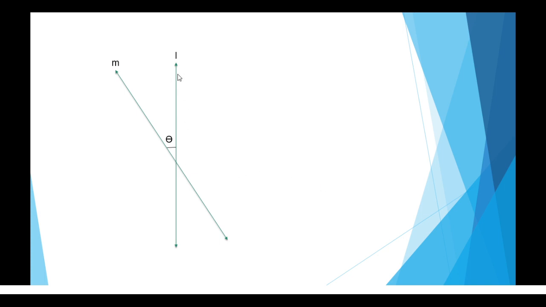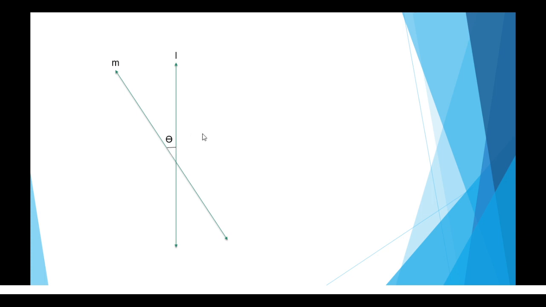If you notice, this line L is fixed, and this line M is another intersecting line, intersecting it at a fixed point and inclined at an angle theta.